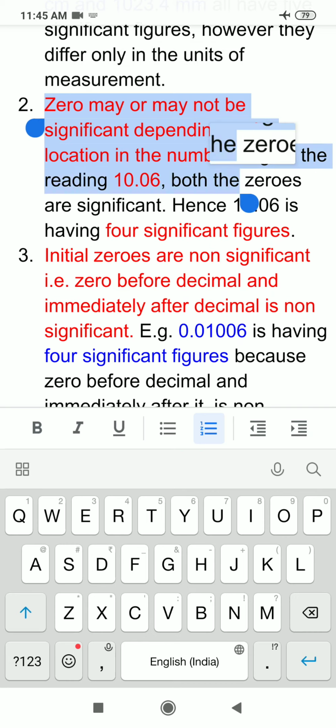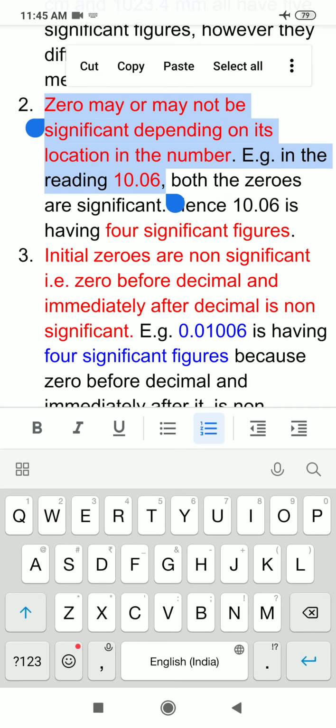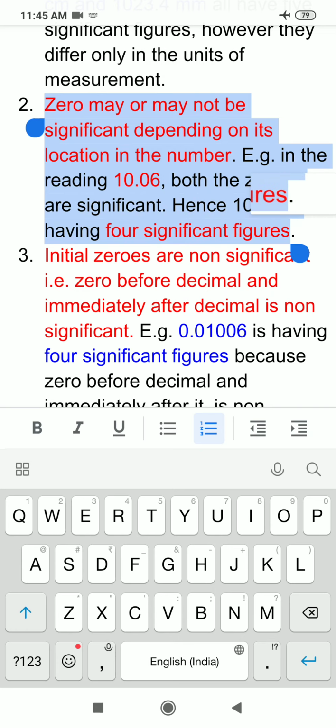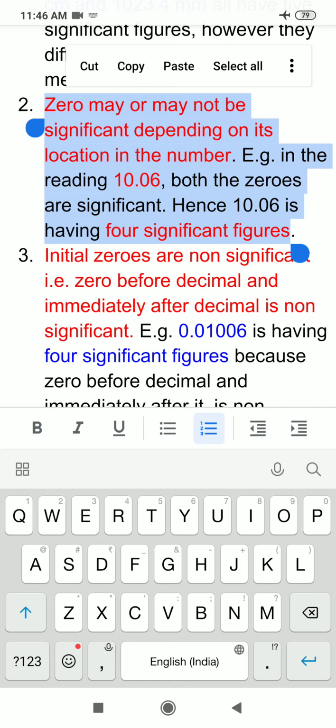For example, if I am having reading 10.06, then in this case I am having 2 zeros, one is to the right of 1 and another is after decimal or to the left of 6. So both these zeros are significant. So I can say that 10.06 will be having 4 significant figures.